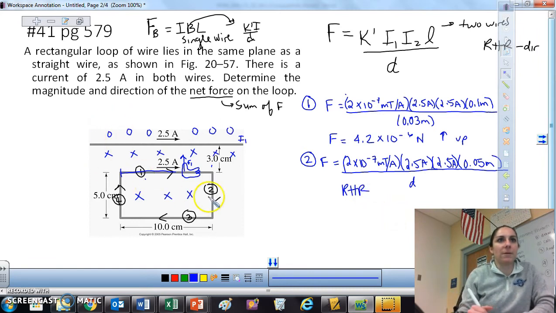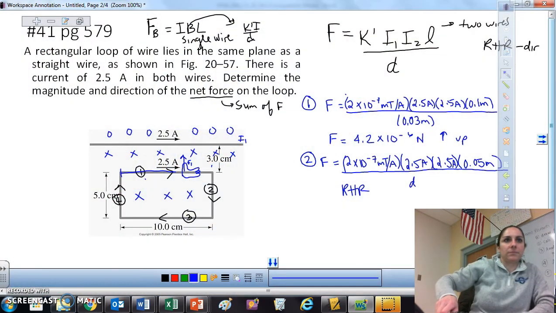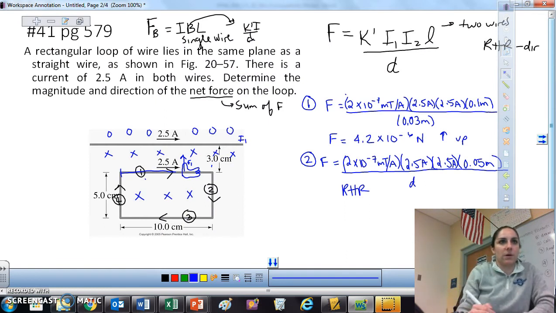If I do that, my fingers will point down, which means my thumb goes this way. So this is the way my right-hand rule looks over here.